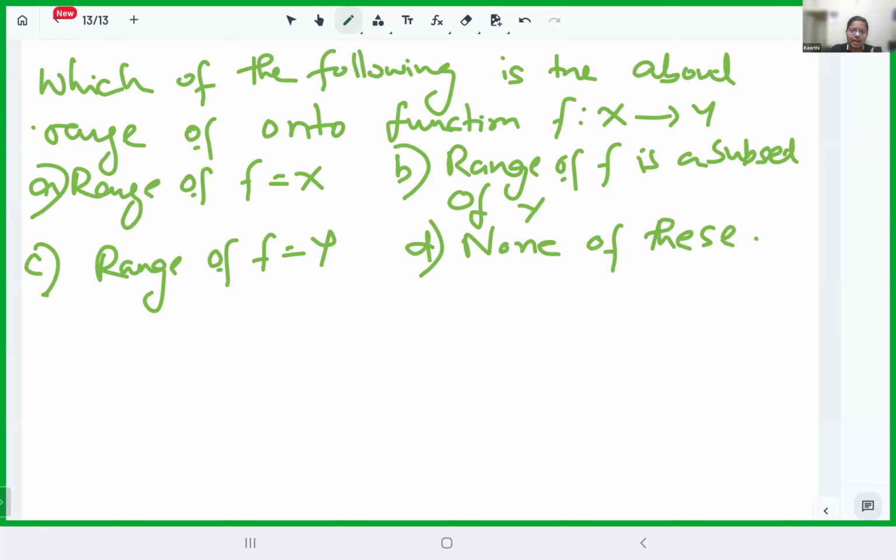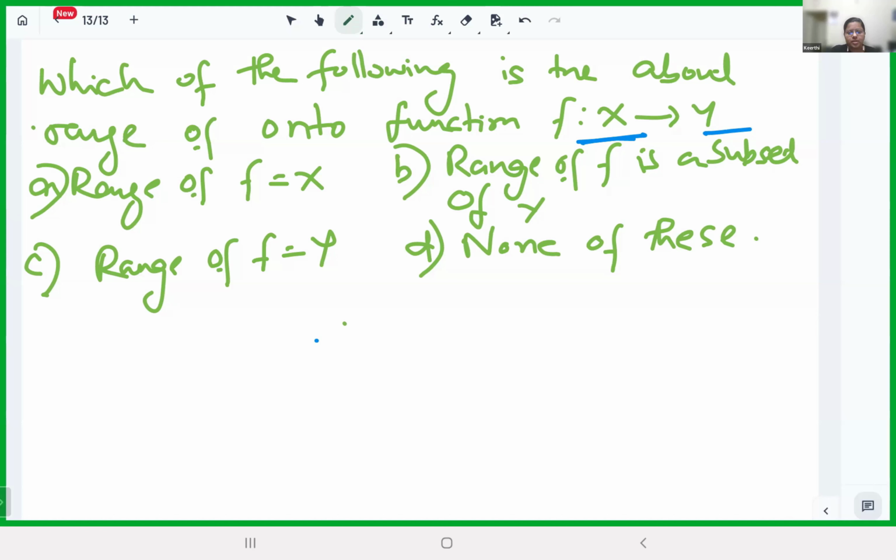So what can you say about the range of an onto function? If you know the definition of an onto function properly, then it is very easy. A function is defined from a domain to a codomain. X is the domain of the function and Y is the codomain.